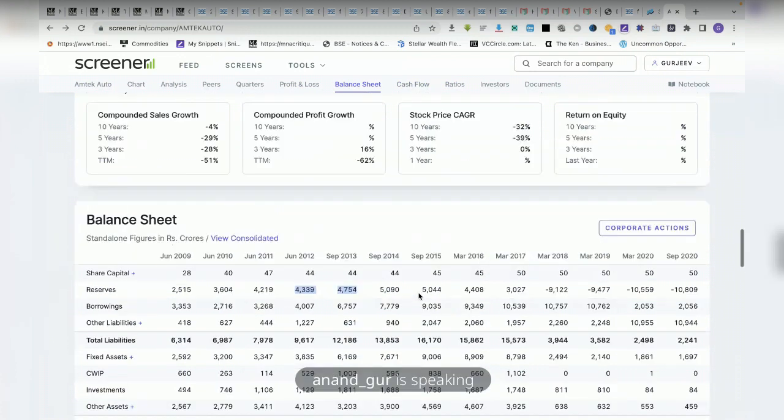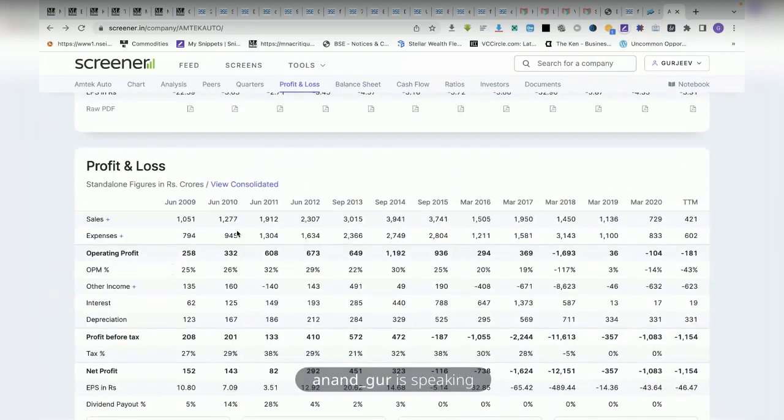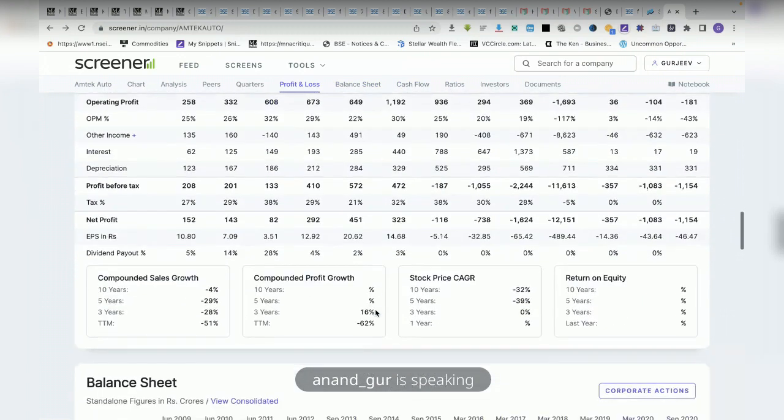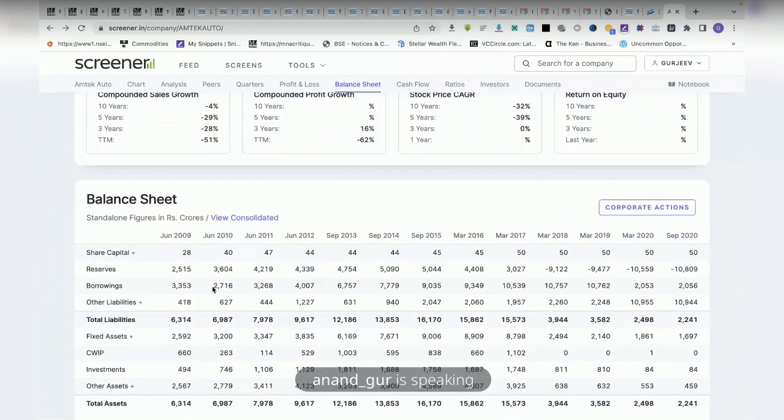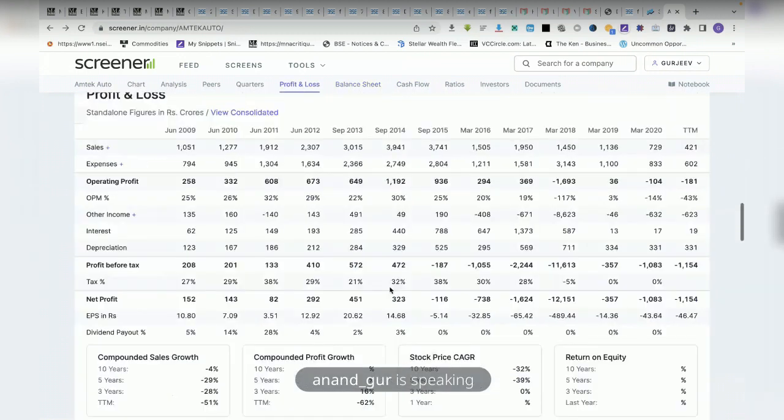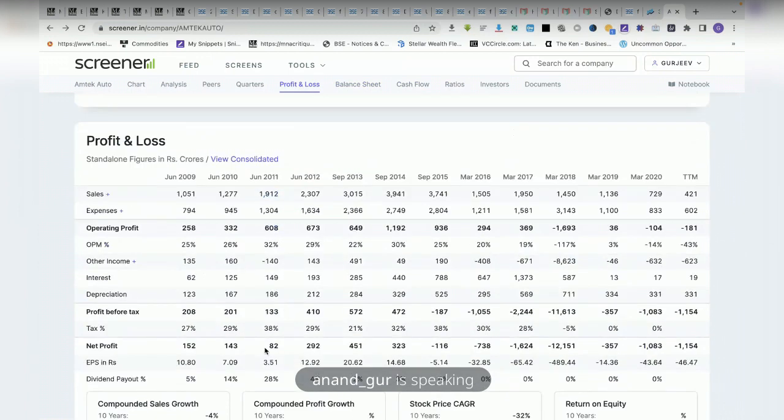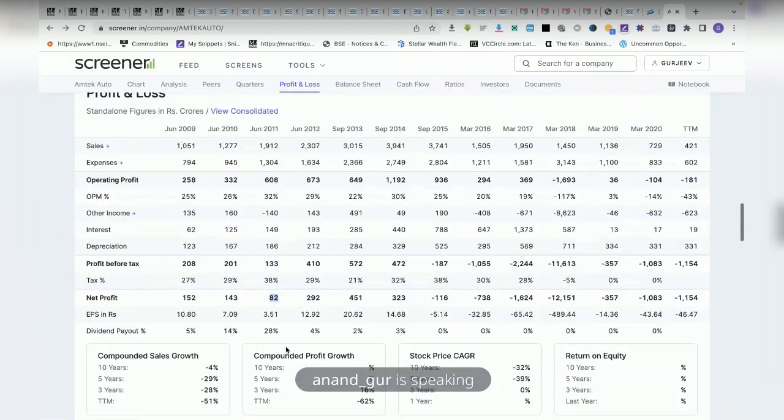Similarly, if my borrowings are rising at a faster pace than my sales, it is a sign of a dead end. And in this case, my sales was 1900 crores. So my profit has to be maybe 5%, 10%, 20% of sales. That is my net profit margin. Look at my borrowings in 2011.